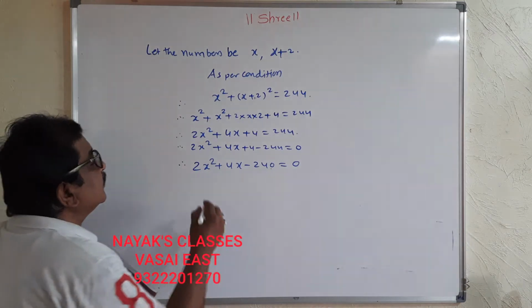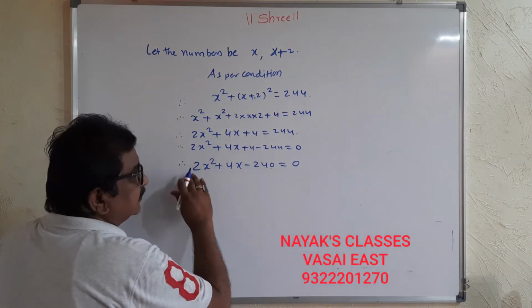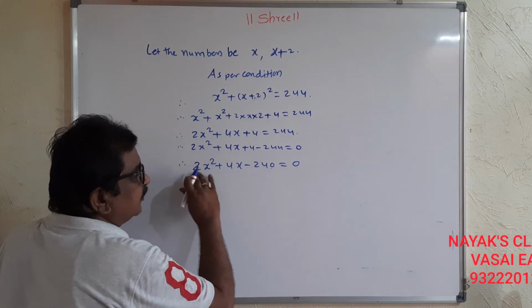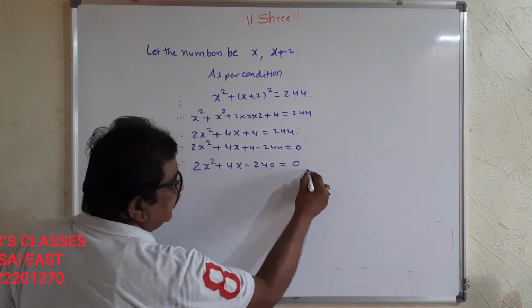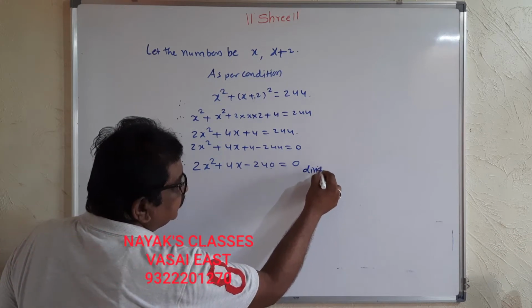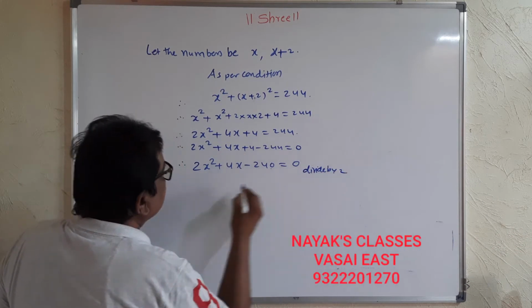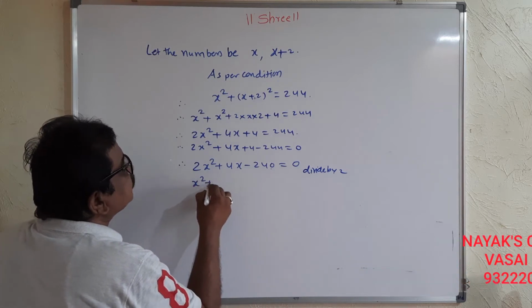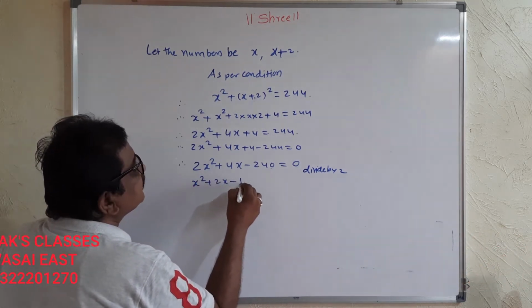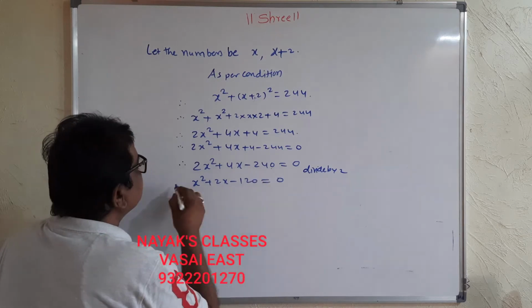Now, to make the coefficients smaller, divide by 2. It will be x square plus 2x minus 120 is equal to 0.